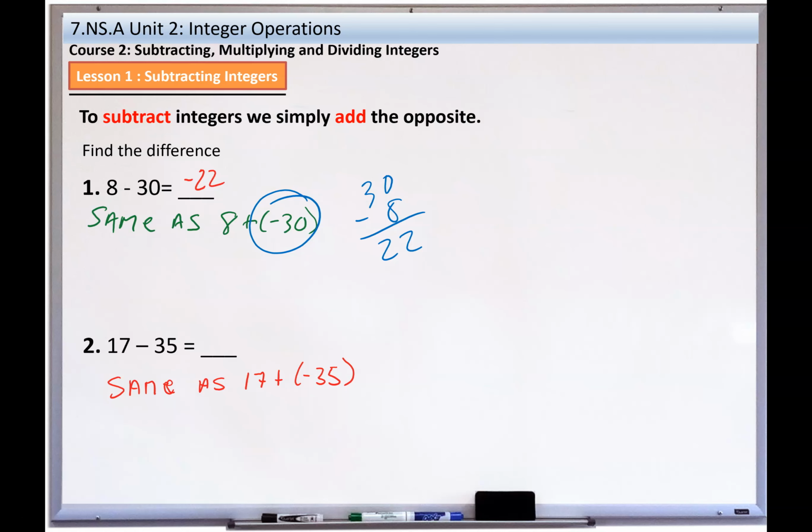It's the same thing as 17 plus negative 35. Well, my signs are different, so I subtract, and I keep the sign of the larger absolute value, which gives me a negative 18. So it just depends on how you see it. Just understand the concept.